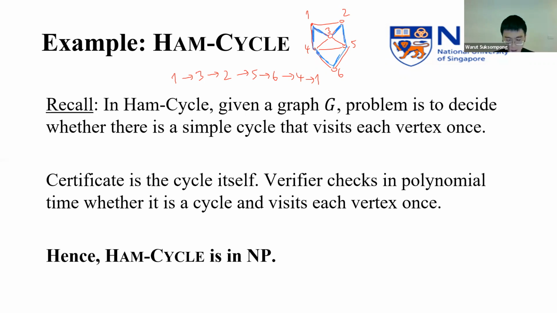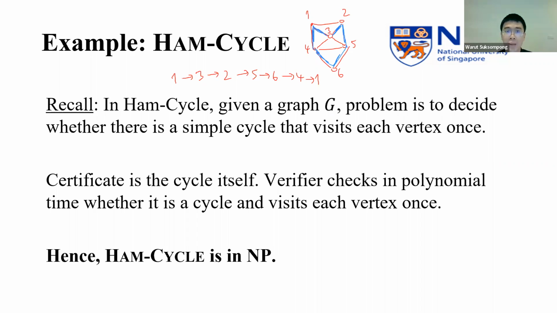It visits every vertex once, never repeats a vertex or edge, and goes to all vertices. So this instance is indeed a yes instance, because of the existence of this cycle, and you can verify this in polynomial time. So the Hamiltonian cycle belongs to NP, because there's a certificate that allows you to verify in polynomial time that an instance is a yes instance.